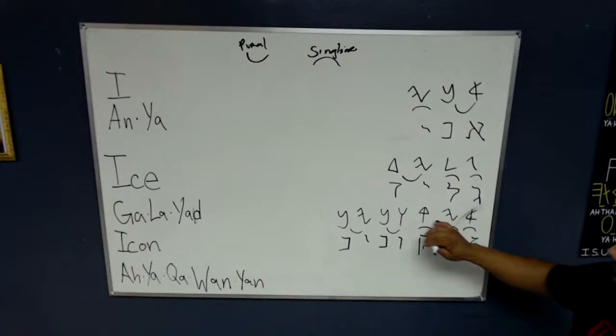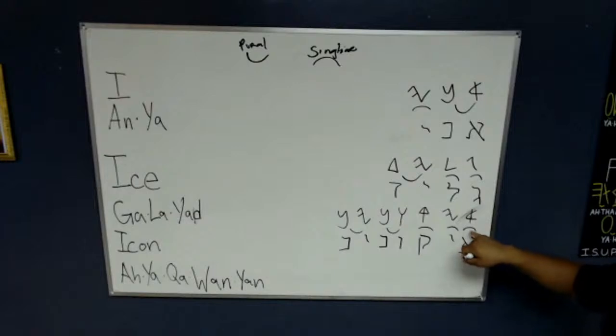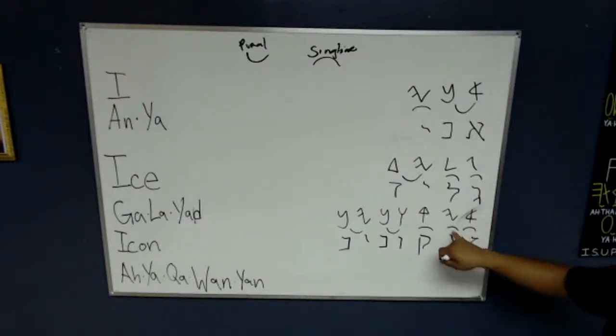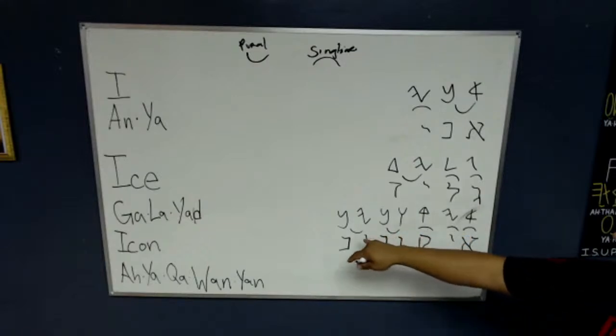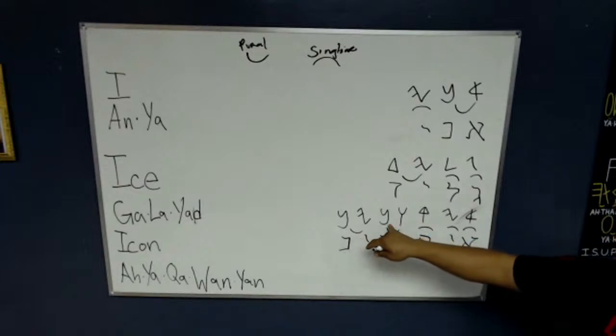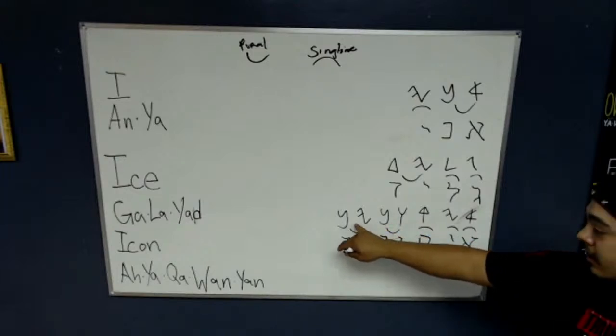Right? And you gotta have the connectors, right? So plural, it's like it. Singular, singular, singular. And then plural, plural, right? One, plural. And then yan, plural.